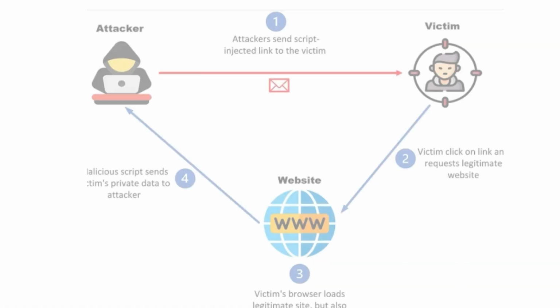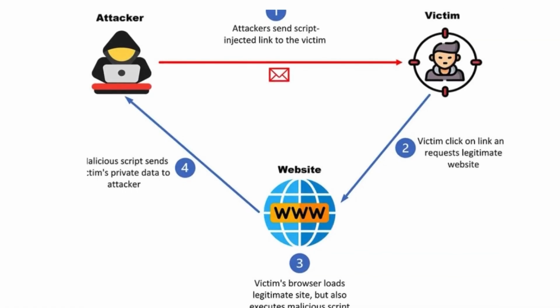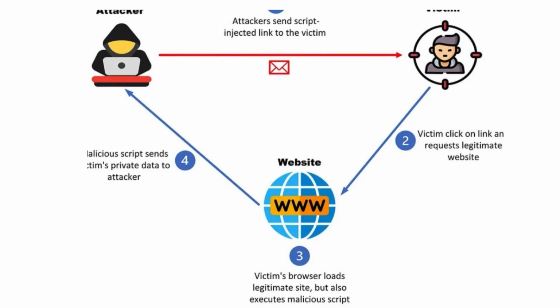So here is the attacker. The attacker sends a script-injected link into the victim's email. The second step is the victim clicks on the link and requests the legitimate website. The third step is the victim's browser loads the legitimate site, which is compromised, but also executes the malicious script along with it.